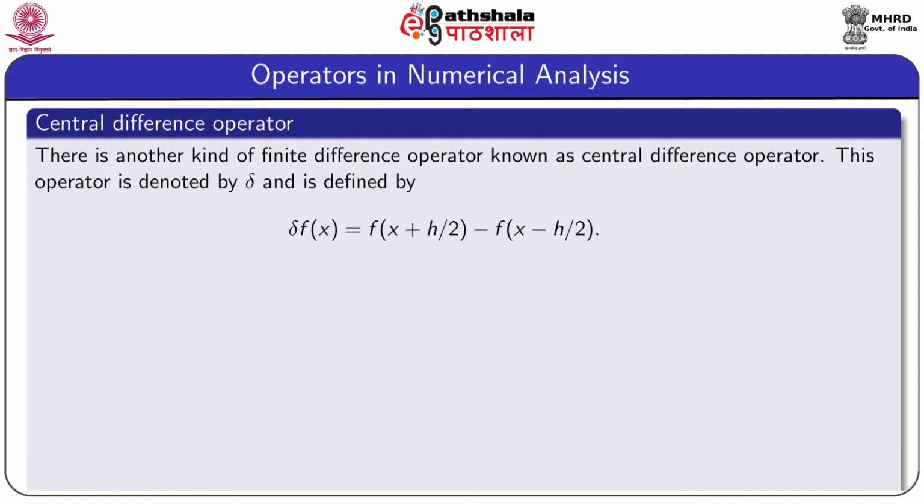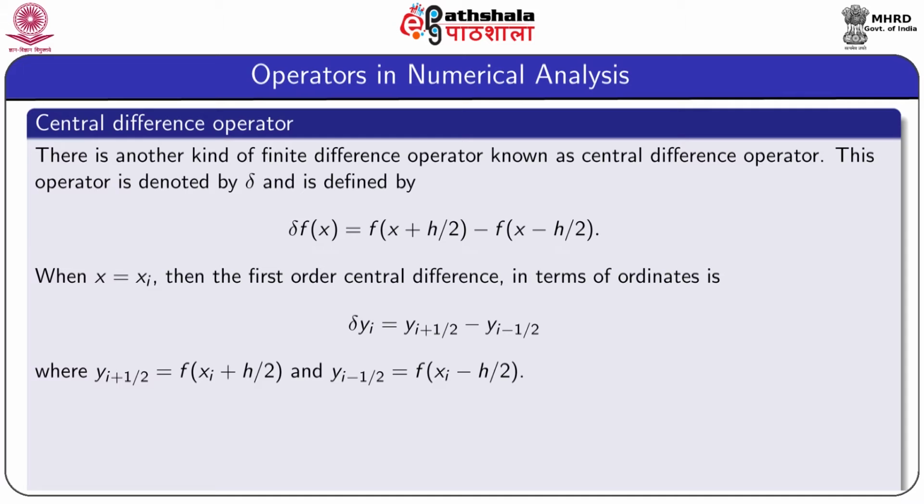Note that in this case x is the middle point, and h/2 and minus h/2 represent the right hand and left hand length of the point from the middle position x, and it is also noted that the length of the interval is h.